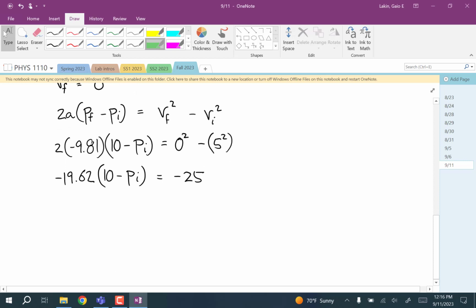Now you can divide both sides by negative 19.62, and you get something like a little over 5/4, like 1.26 or something. So 10 minus PI is equal to, can someone divide that for me? 25 divided by 19.62? 1.27.